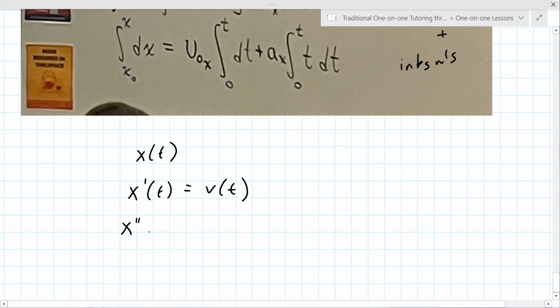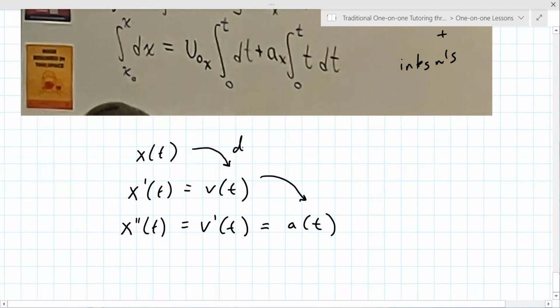The second derivative of position is the derivative of velocity, which is acceleration. So these are derivatives. The derivative of position is velocity, the derivative of velocity is acceleration.